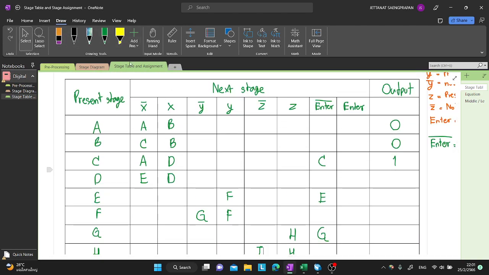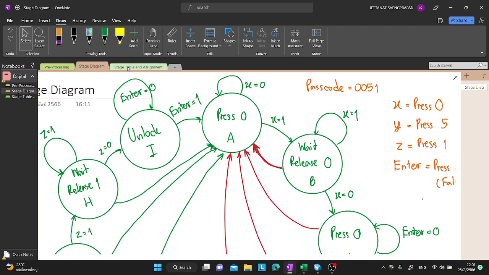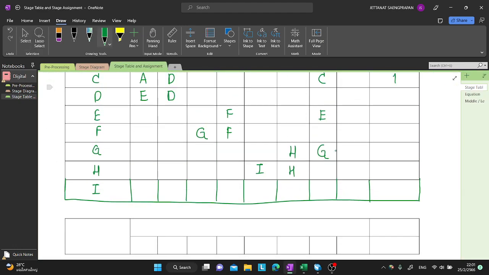And then the last state is state I. In this state, if enter is 0, which means I don't press any numbers, it goes to enter bar.